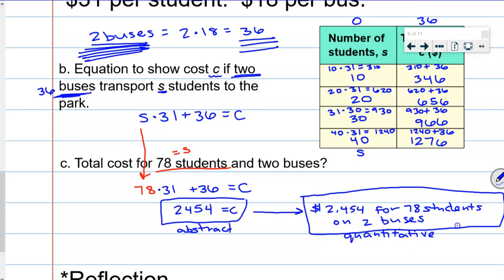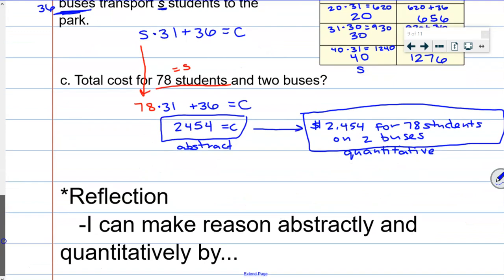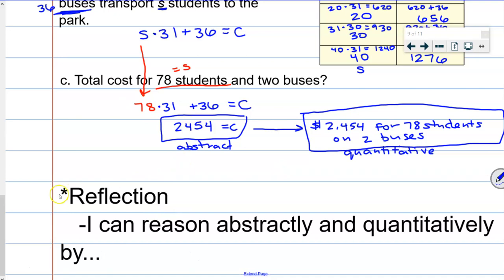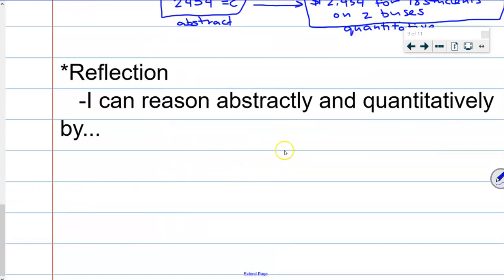And now to finish this, class ends in just a few minutes. Now it's the reflection piece. I can reason abstractly. Let's try that again. I can reason abstractly and quantitatively by what? What are you going to do to reason abstractly and quantitatively?